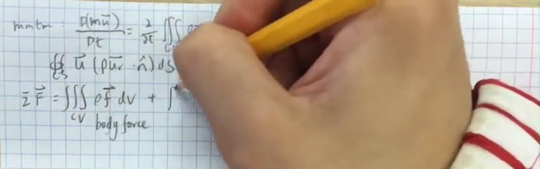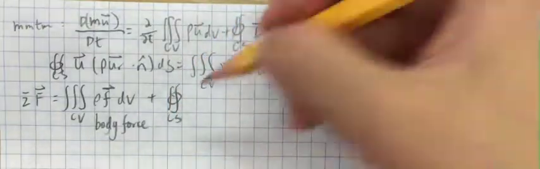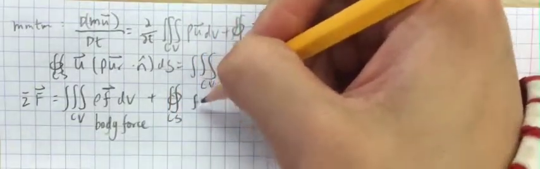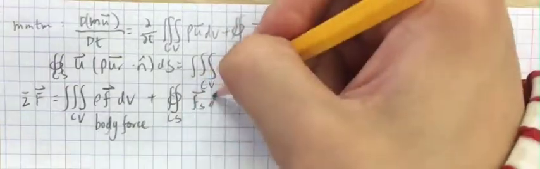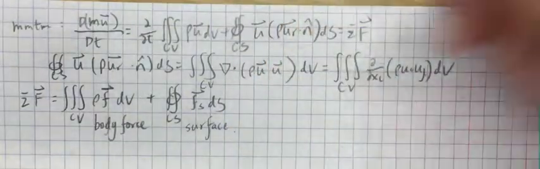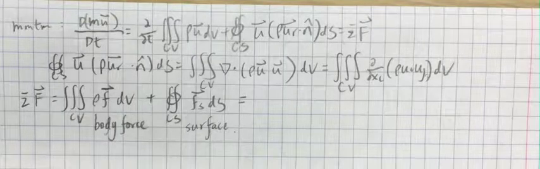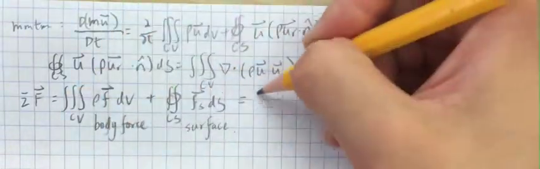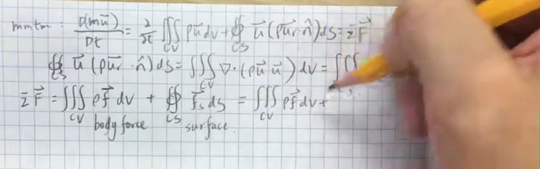Also, the surface force. Obviously, the surface force acts on the surfaces, right? So we combine all the surface force. We see what this will give us. This thing we just copy it: the integral over CV of rho f dV.